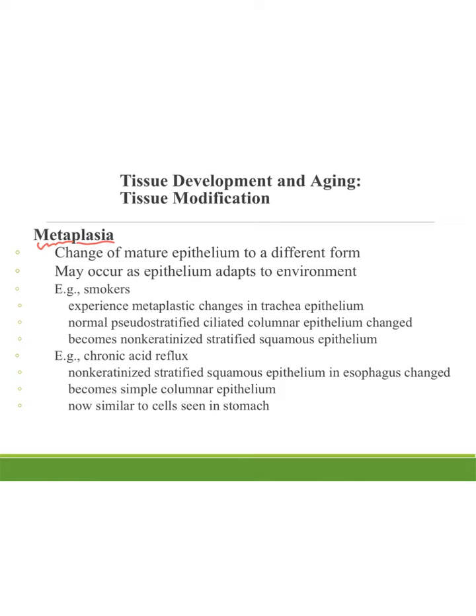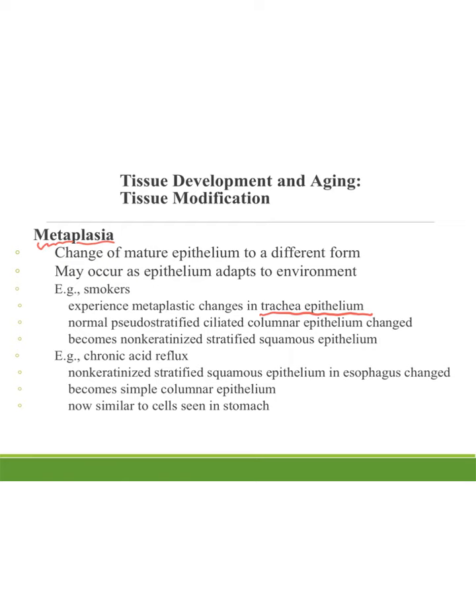So smokers, the pseudostratified ciliated columnar epithelium constantly is getting irritated by the smoking and what they're inhaling. And even though it looks like multiple layers, keep in mind that's why we call it pseudostratified. It's falsely stratified. It's really only 1 layer.